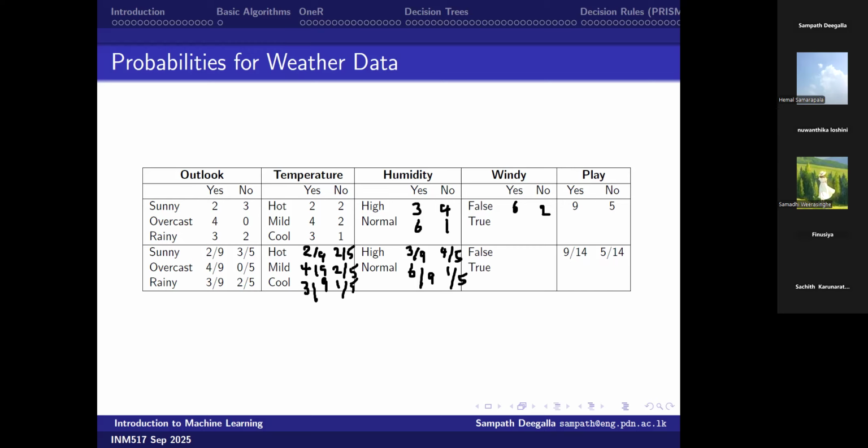So out of 6, how many yes? 1, 2, 3. So we have 3, and then here also we have 3. So this is 6 divided by 9, 3 divided by 9, 2 divided by 5, 3 divided by 5. So you have probabilities, right?